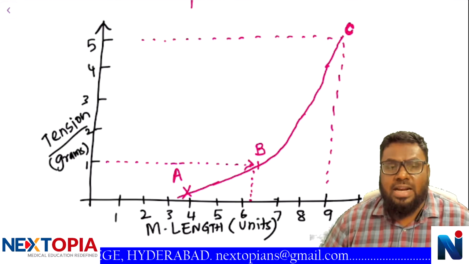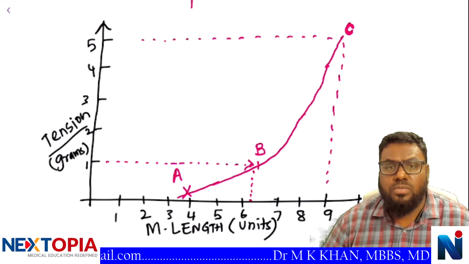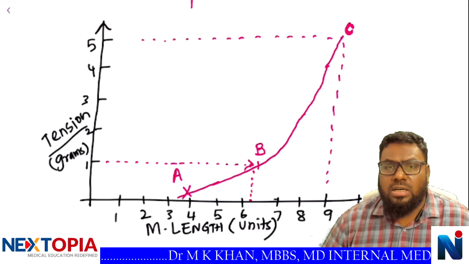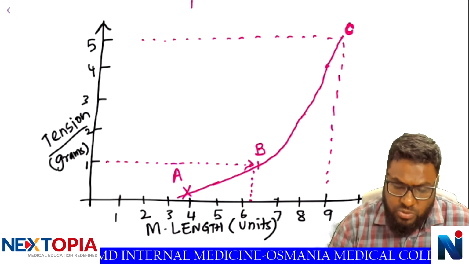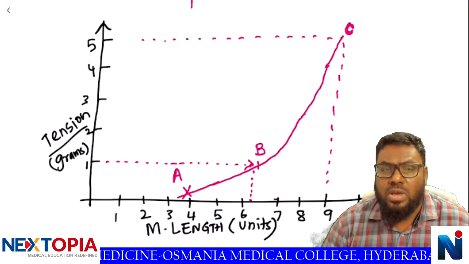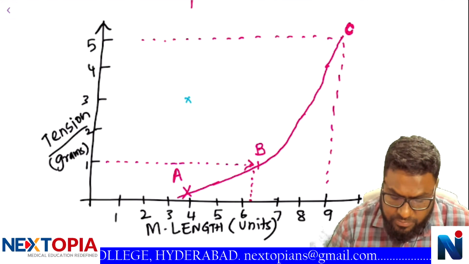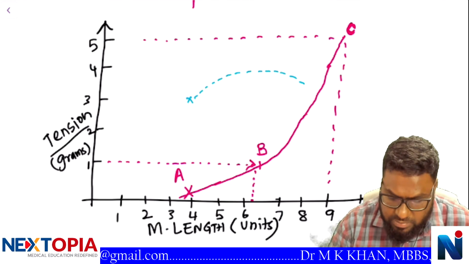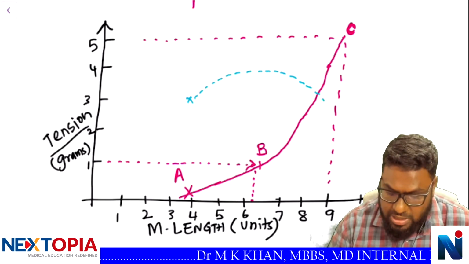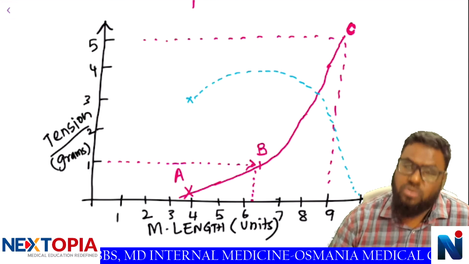So please remember that at a preload of A, if you see the active tension here at point A, somewhere from point 3, the graph is coming like this, and at one point of time you see no further contraction.